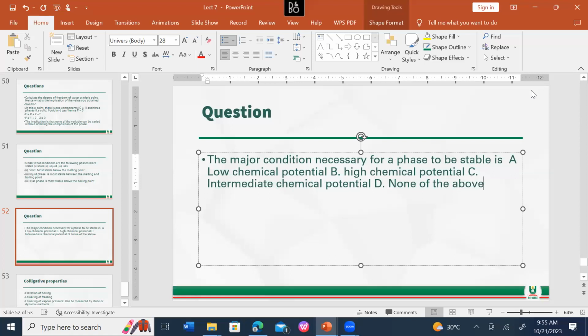So the answer there is simply A, the low chemical potential. The lower the chemical potential, the more stable the phase.